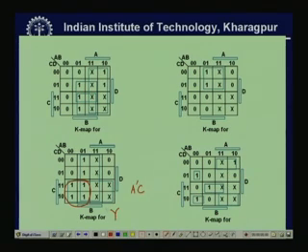Similarly, if we take this quad, these are two don't cares, then we will get B and C bar.